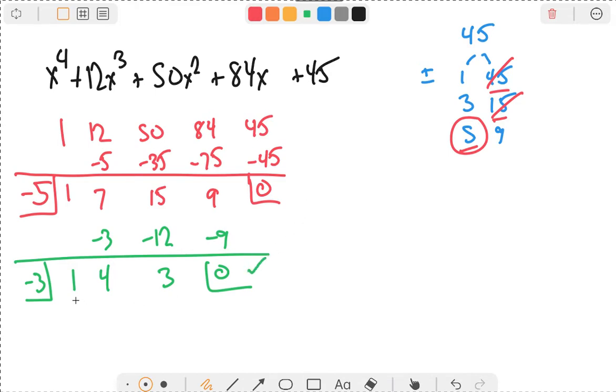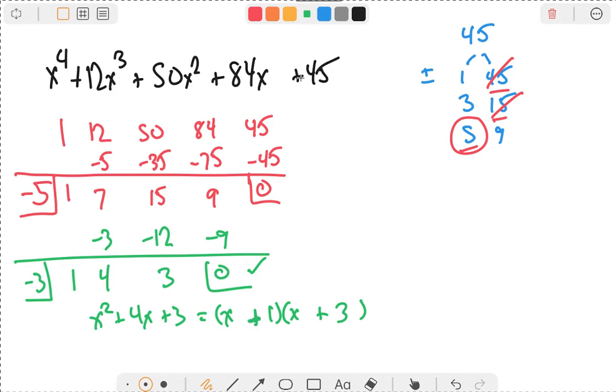Now I'm going to take a look at, say, I got a quadratic, x squared plus 4x plus 3. And that looks pretty nice to me, as 3 has to be 1 and 3. And if you add 1 plus 3 together, you get 4.